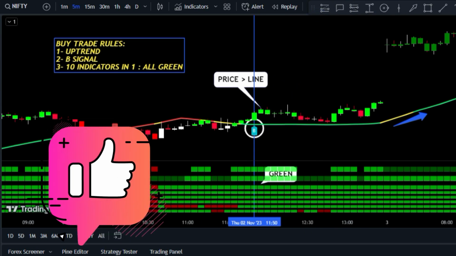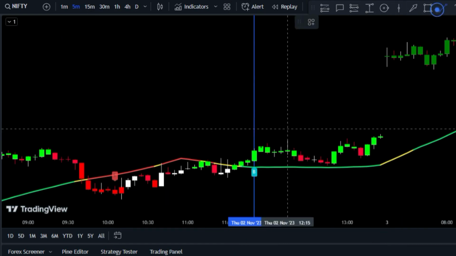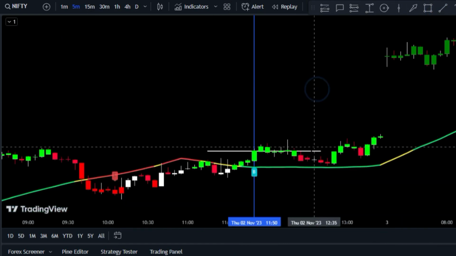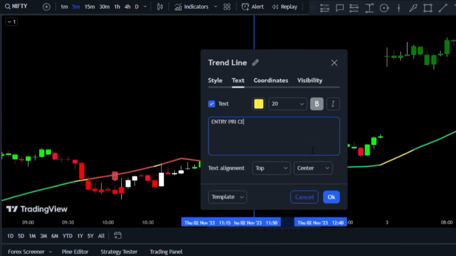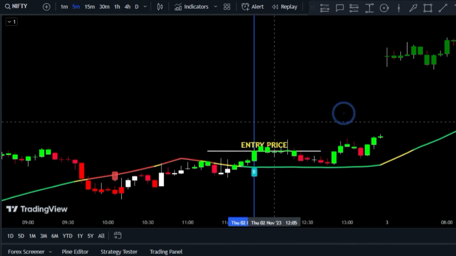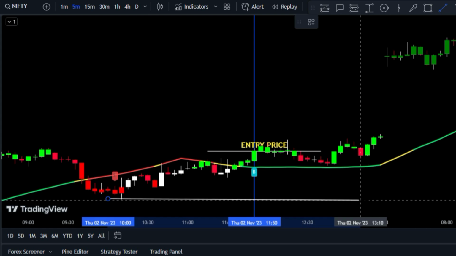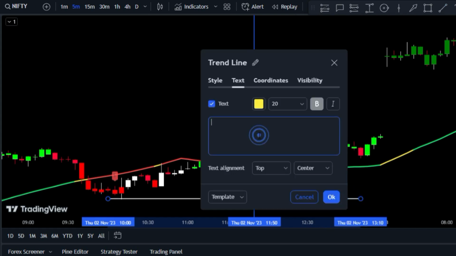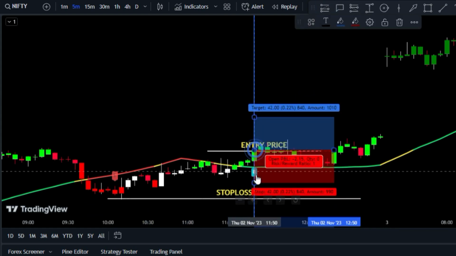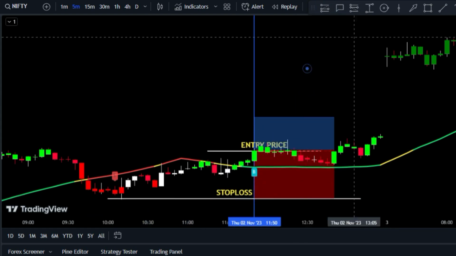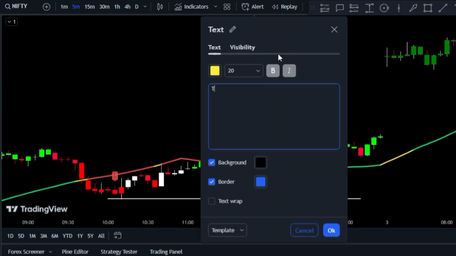If both these conditions are met, we can enter the trade. To determine the stop loss for this trade, use the recent swing low. And for the target, use a risk-reward ratio of 1 to 1.5.